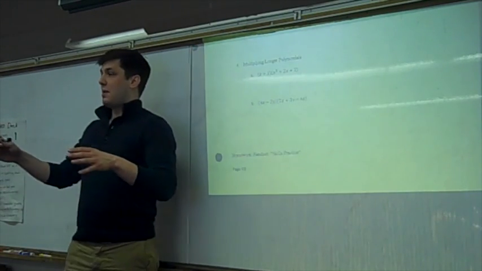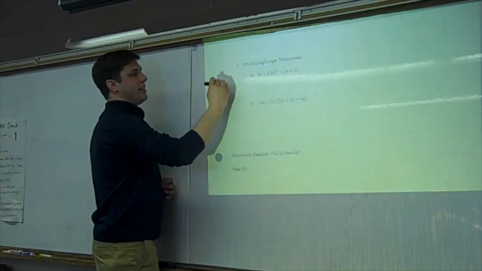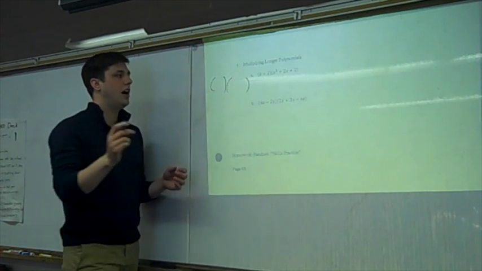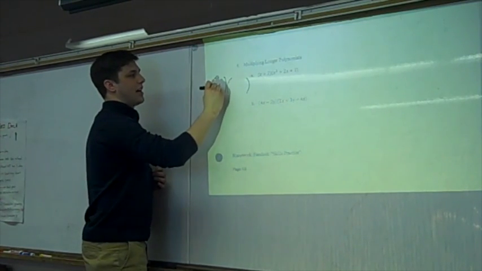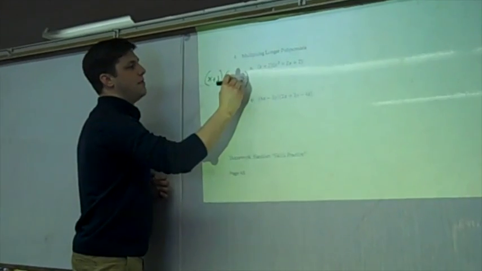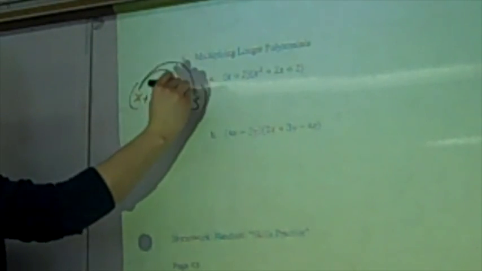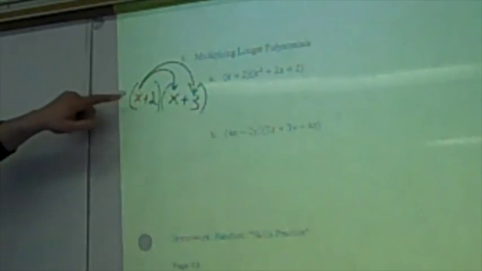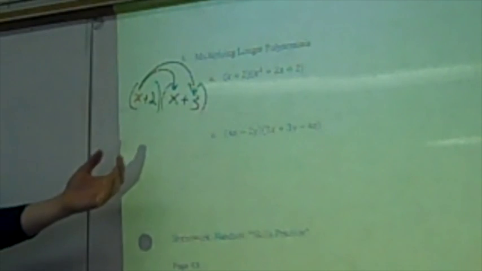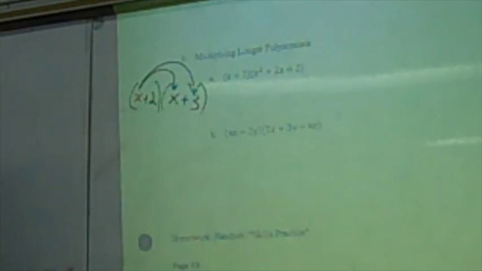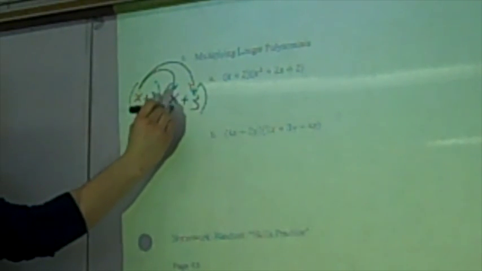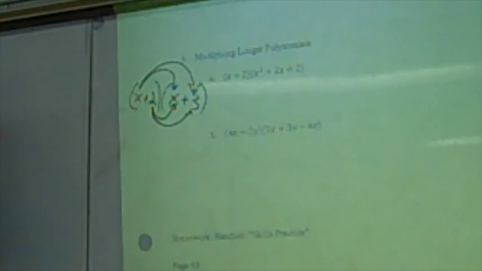When you did the FOIL method, let's give an example of two-termed polynomials: x plus 2, x plus 3. When you used the FOIL method, you took this x and multiplied it by both of those numbers. You distributed it to the second two numbers. And then you took the 2 and multiplied it by both numbers, distributing as well.